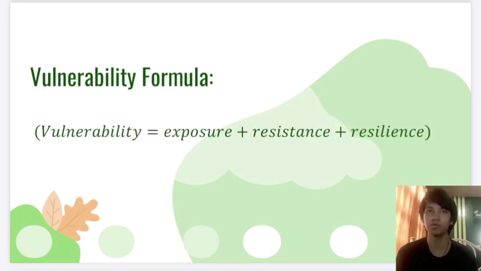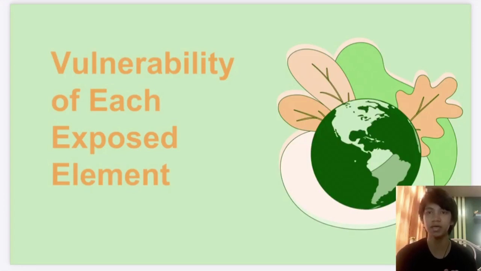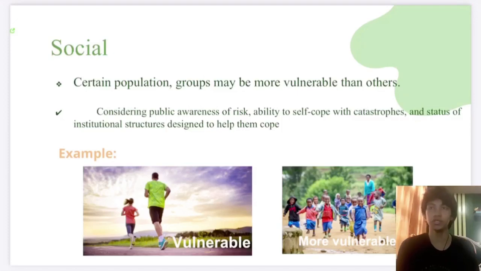Now, since we know what vulnerability is, let's discuss the 4 factors of vulnerability, mainly social, environmental, economic, and physical. Social. Certain population groups may be more vulnerable than others, considering public awareness of risk, ability to self-cope with catastrophes, and status of institutional structures designed to help them cope.